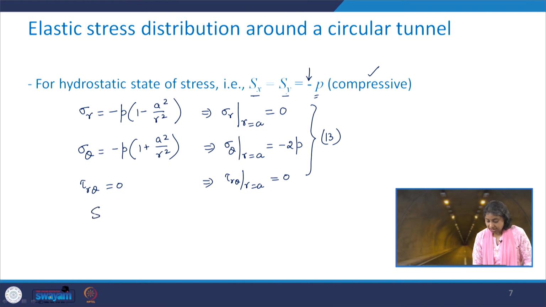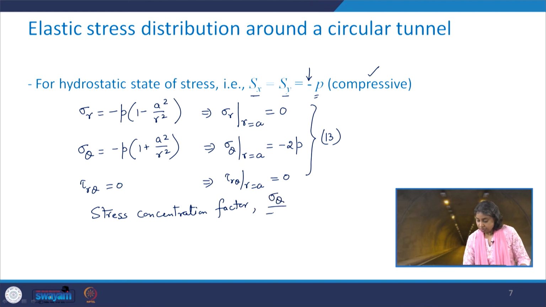Now, I define the stress concentration factor, which is sigma theta upon minus P. Basically, this stress concentration factor, in general its definition is any particular stress and its ratio with the in situ stress, that is P. So, let us say if I want to find out the stress concentration factor with respect to sigma r, that is going to be sigma r upon P. In this case, the stress concentration factor with respect to sigma theta works out to be equal to 2.